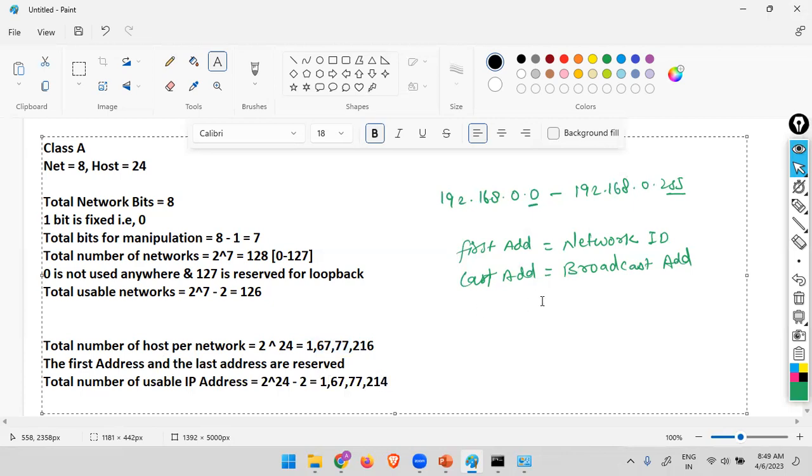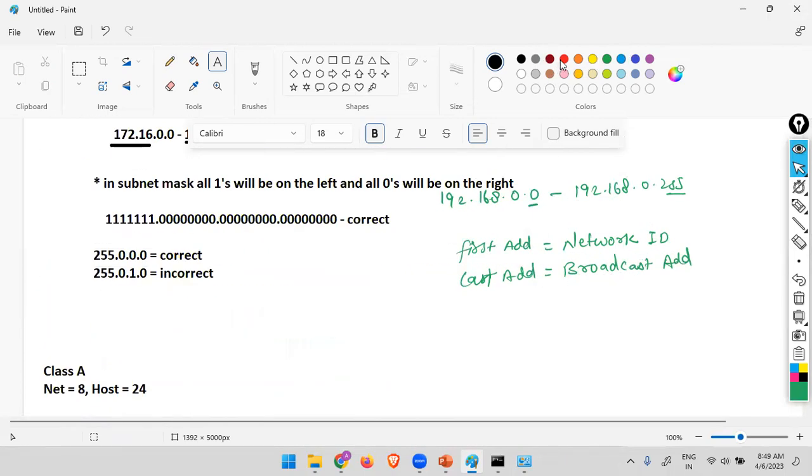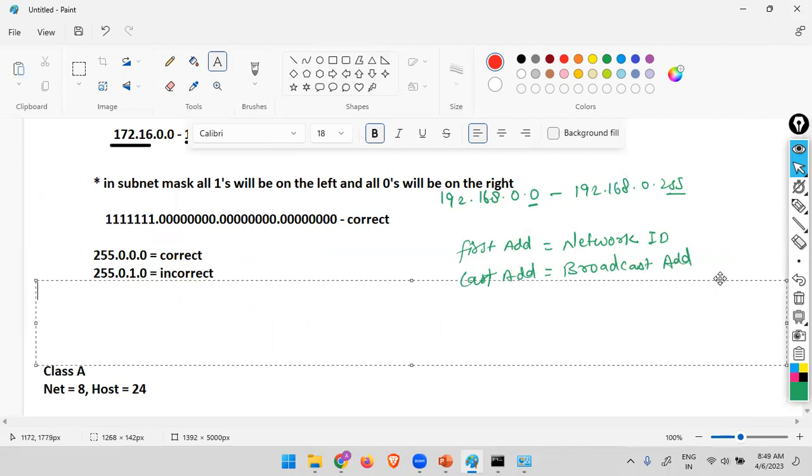Clear? You can note down that in any network, the first IP and the last IP are reserved.